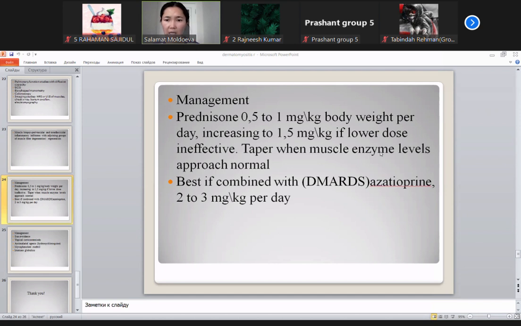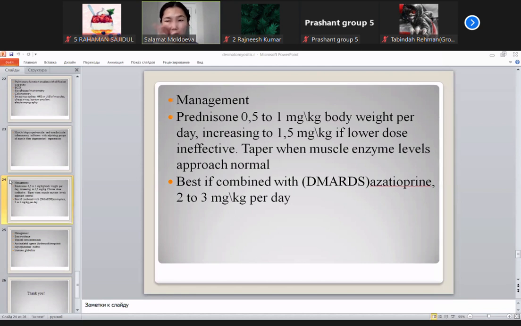And DMARDs, the third group, which we always recommend, best combined with azathioprine, 2 to 3 mg per kg per day. This is mainly the treatment.